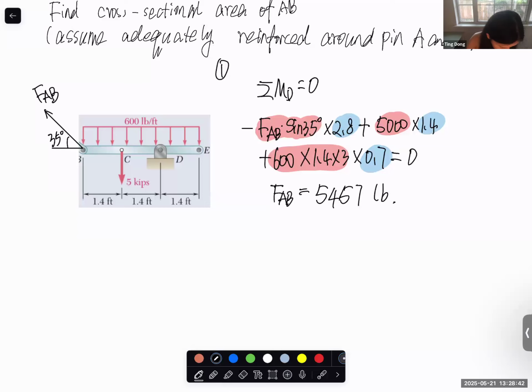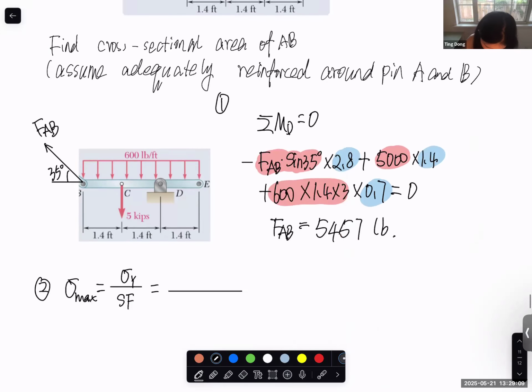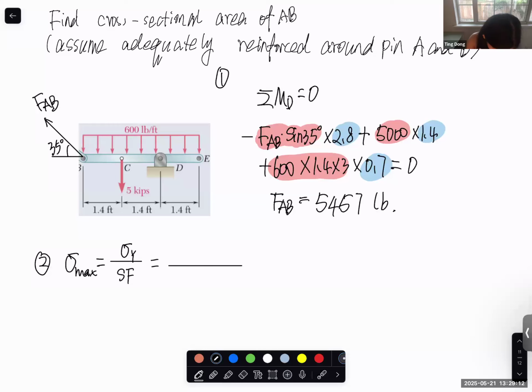Second one, we need to calculate the maximum stress that should exist in the structure. Based on our definition of safety factor, it should be yield strength over safety factor. Yield strength of the material is 65 KSI.